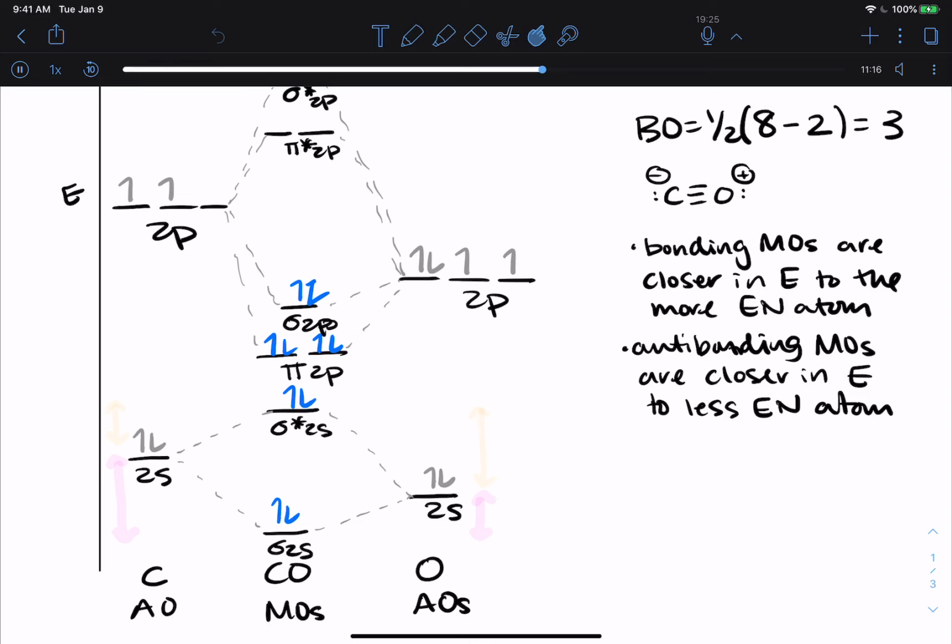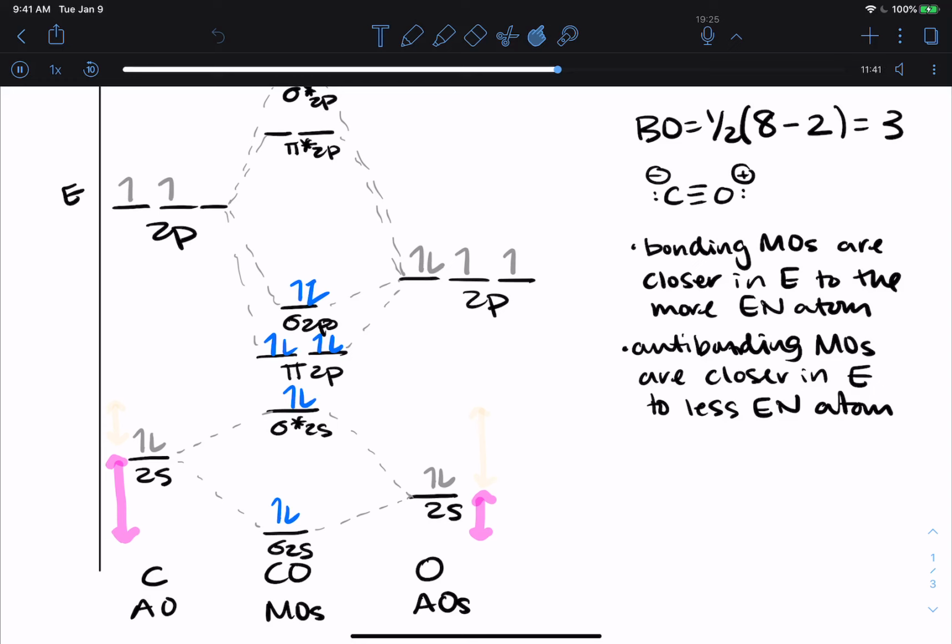So the difference in energy between this 2s and this sigma 2s versus the carbon 2s and the sigma 2s, right? Those arrows have different heights.